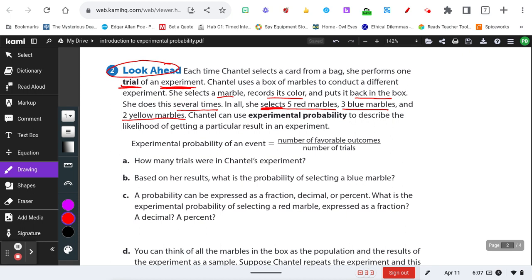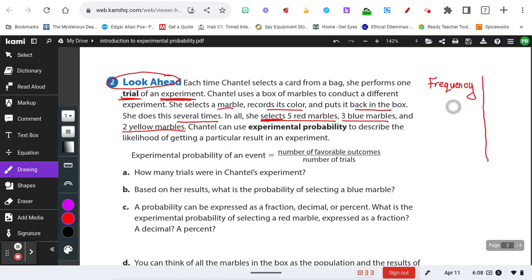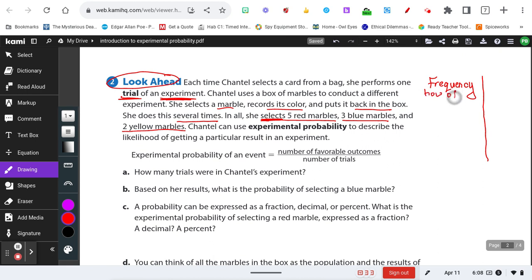All right, 5, 3, and 2. Those are your frequency. That's the frequency of the outcome. Frequency is how often did something happen. So for the color red, how often did that happen?